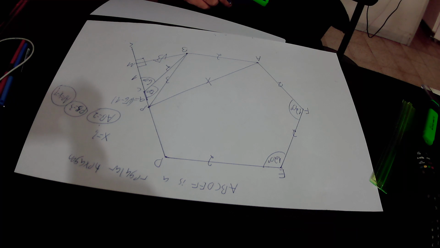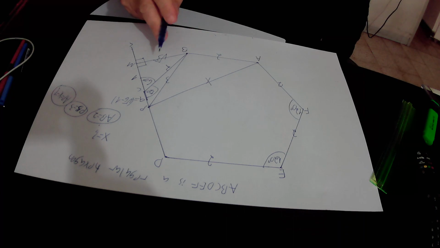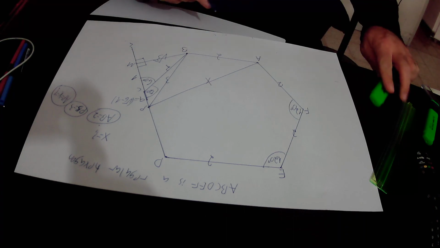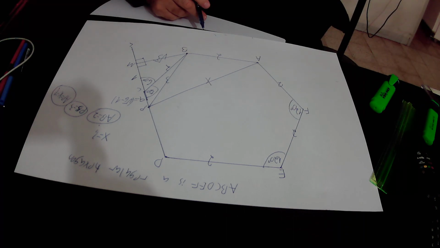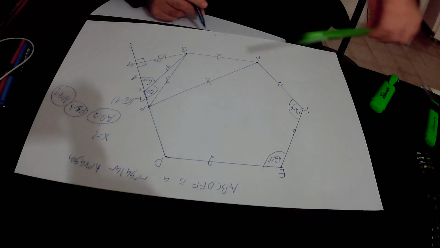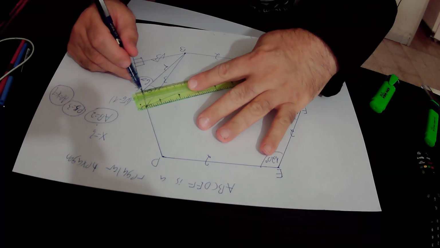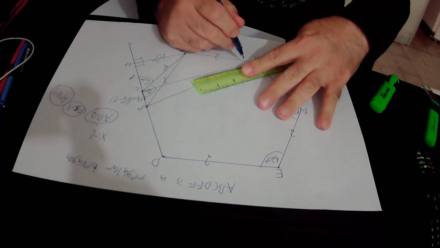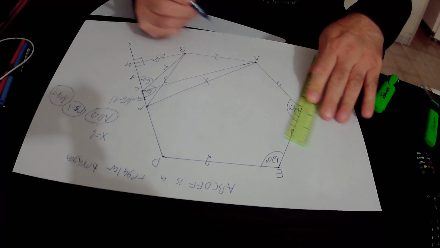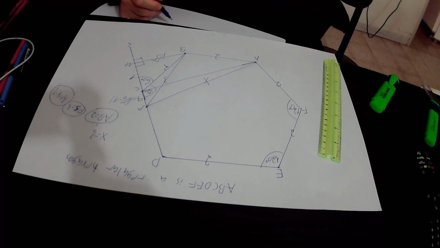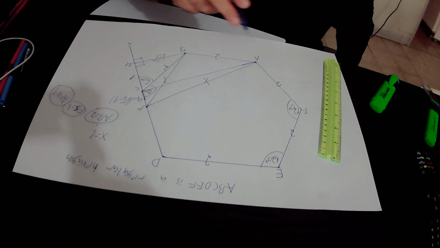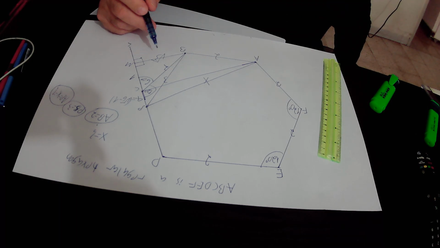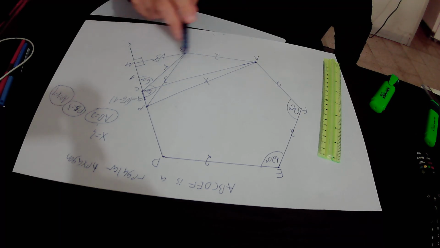Okay, so in the next step we will join points A and C together by a straight line. By joining points A and C, we actually created here triangle ABC.